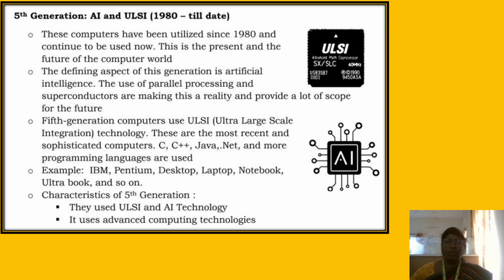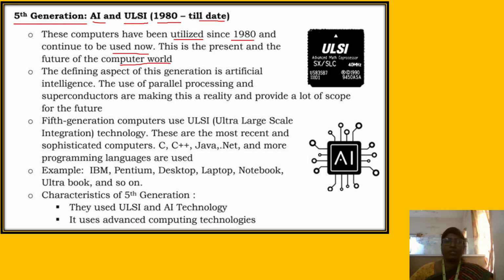Next, move on to the fifth generation computers, where we have taken the instance of AI, artificial intelligence, and also ULSI. The period is from 1982 till date. These computers have been utilized since the 1980s and continue to be used now. This is the present and the future of the computer world.